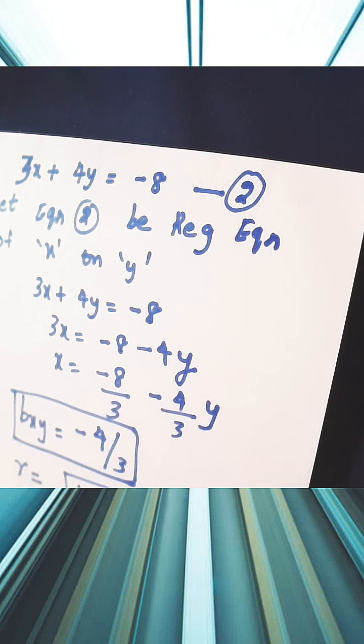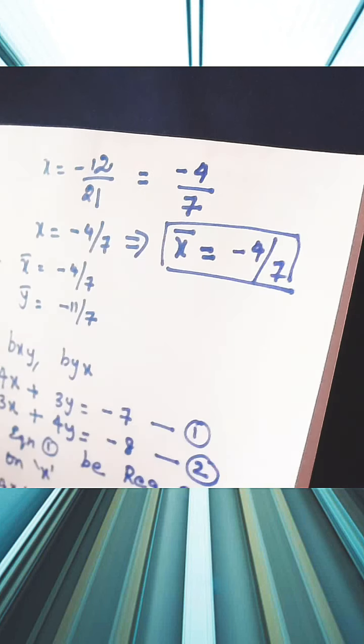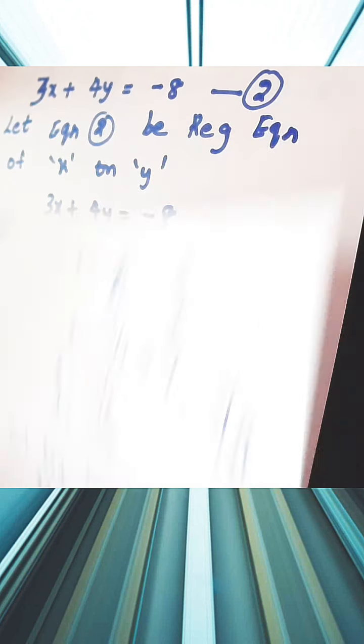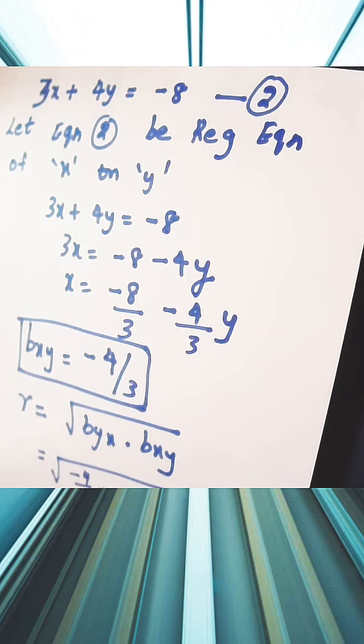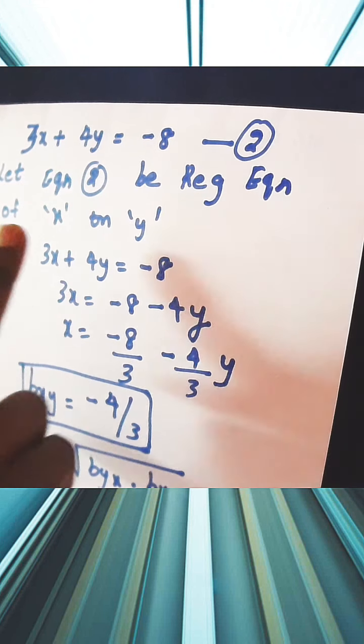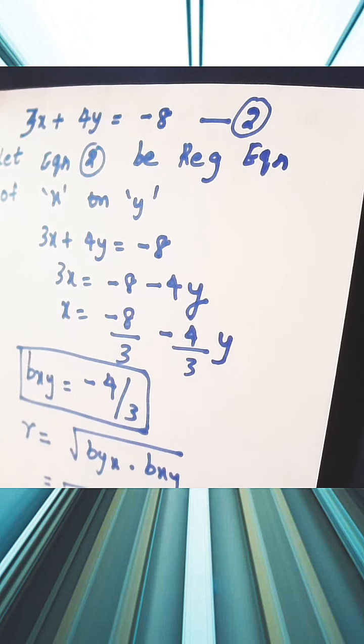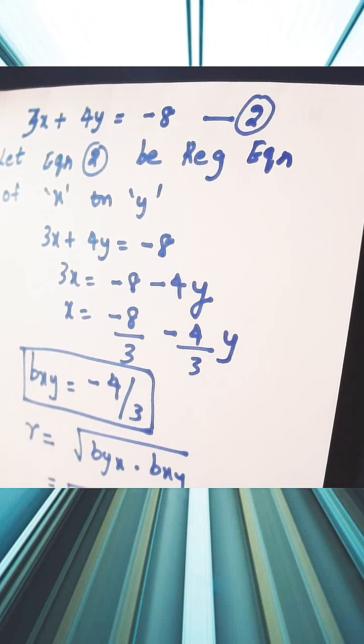Okay, what we have assumed? We have assumed equation 1 to be the regression equation of y on x, and equation 2 to be the regression equation of x on y. Understood? But our assumptions are totally wrong. What we have to do now? We have to reverse.